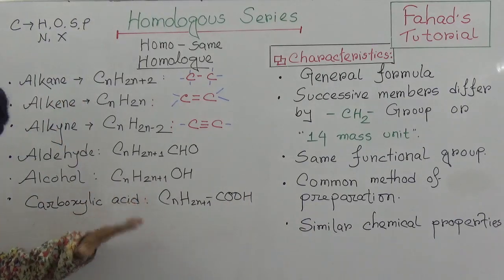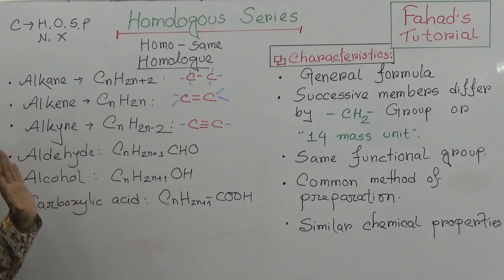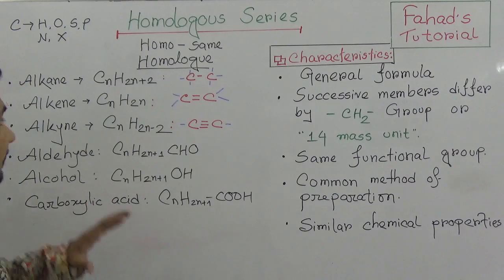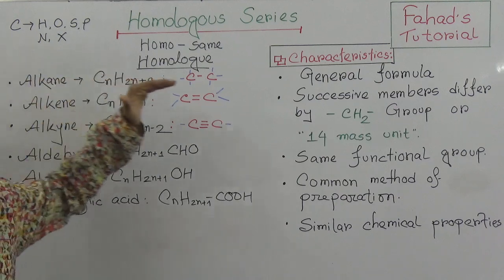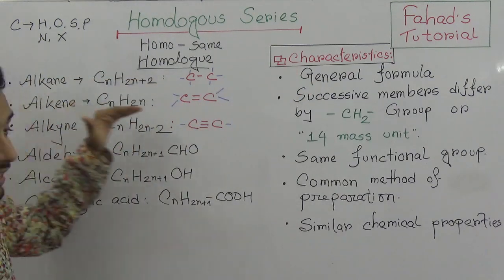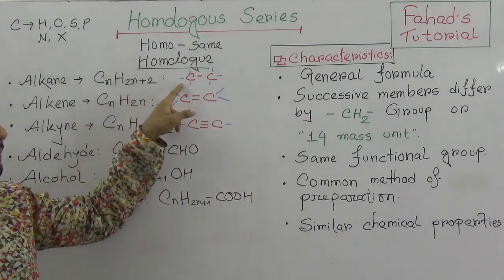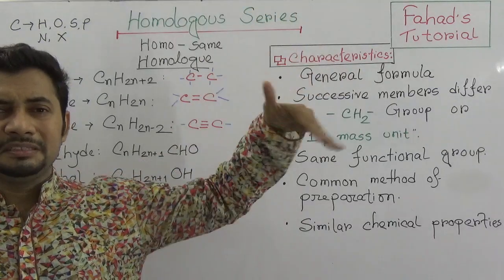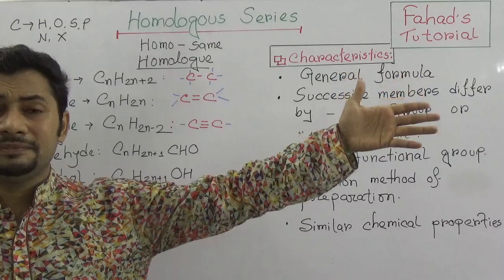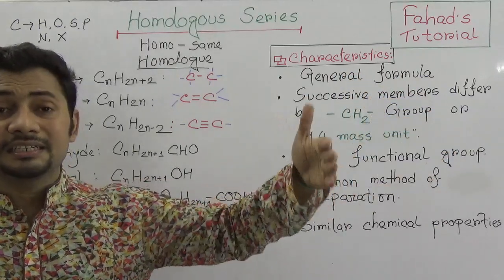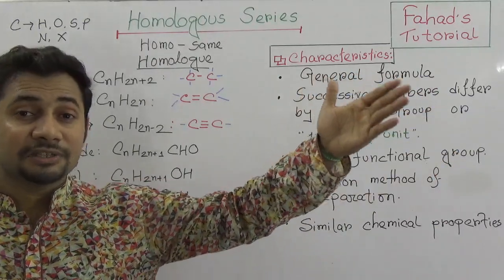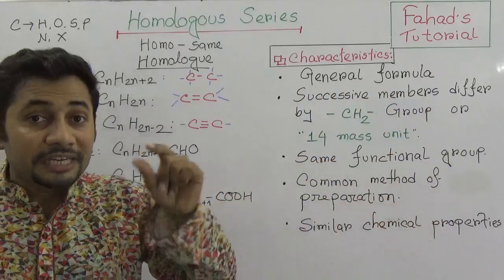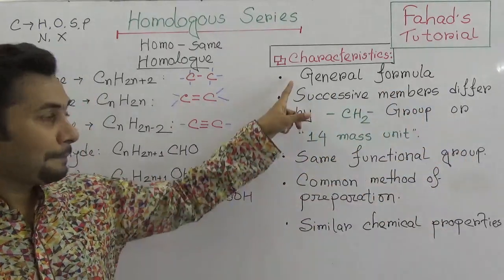Okay, so there are other things that should be mentioned here, but I'm just giving you a simple idea that alkane is a homologous series. Alkene another homologous series. If you go for number of carbons, you can go long: methane, ethane, propane, butane, pentane, hexane, heptane, octane, nonane, decane, undecane, dodecane, tridecane, tetradecane, a lot. So each number differs.